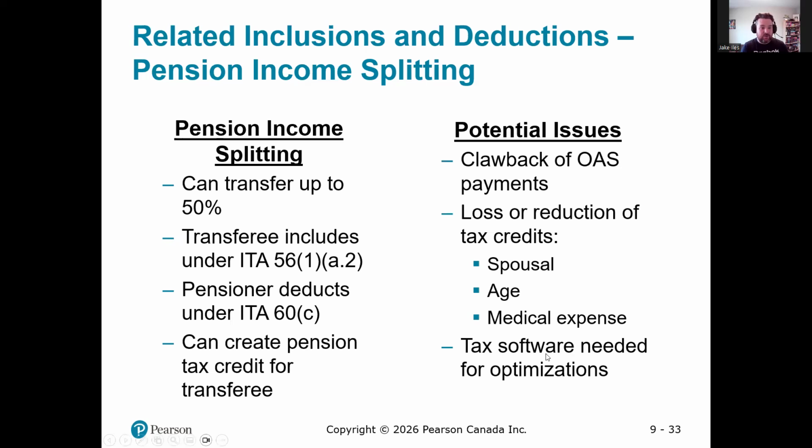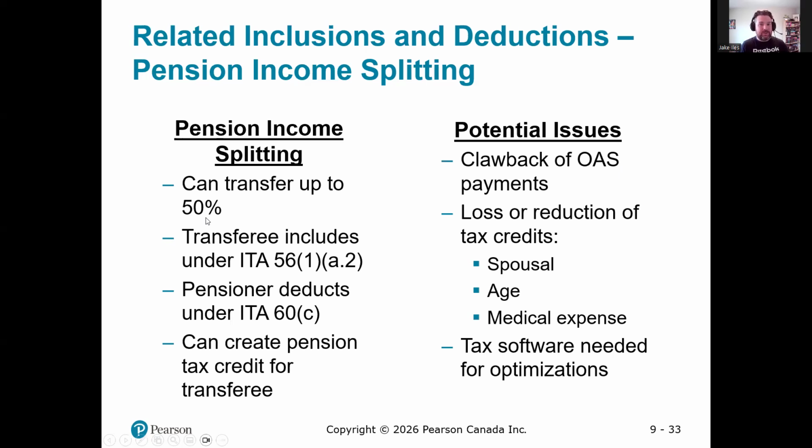So tax software has an optimization option, where it will check the result of transferring 1% of pension, 2% of pension, all the way up to 50%, and come out with the perfect transfer amount that gives you the best result. Because credits and all these things are being adjusted for every dollar that's changed, sometimes it's not best to transfer 50%.